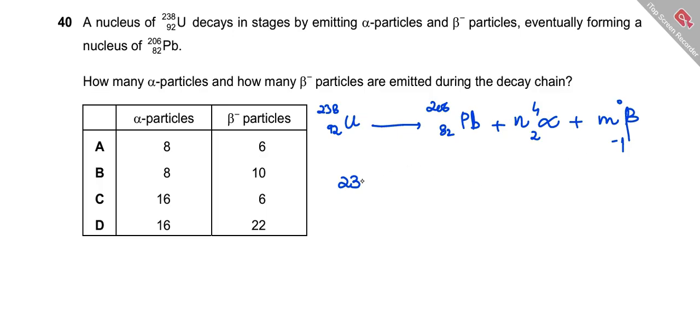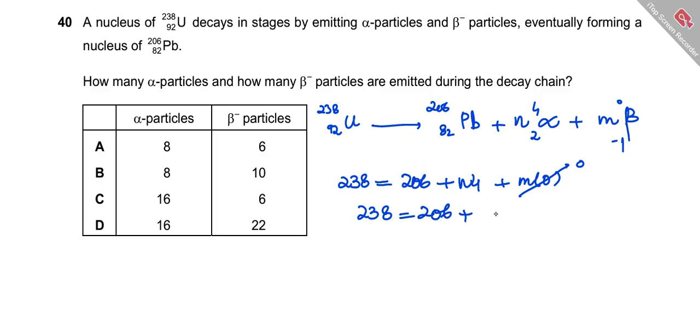All right, so let's do this. We have 238 at this side. The other should also sum up to 238. We have 206 plus n times 4, then plus m times 0, which of course would give us 0, and we'd get 238 equals 206 plus 4n. So we get n equals 238 minus 206, divided by 4.